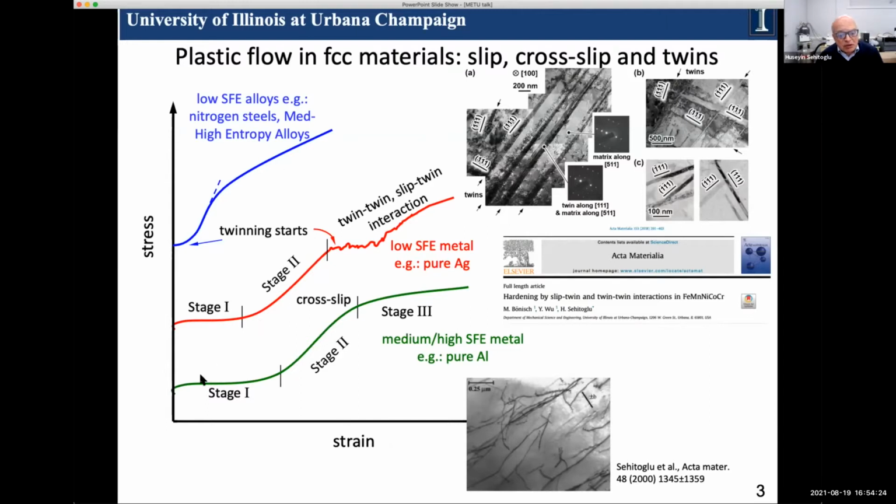Before that, I just wanted to mention that the stress-strain behavior of pure medium to high stacking fault energy materials, metals, display stage 1, stage 2, and stage 3. Typically stage 1 is single slip, stage 2 is multi-slip, and then there is cross-slip onset at this point, and then you get decrease in the strain hardening.